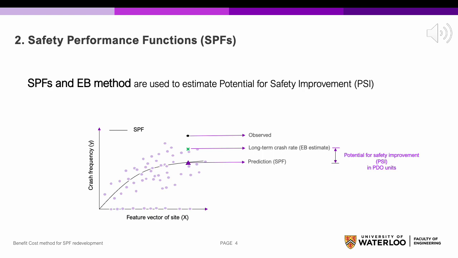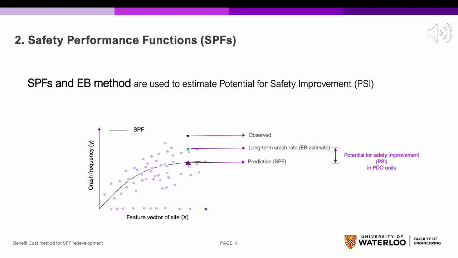The common method to estimate the long-term crash rate is called empirical base, or EB method. After applying EB method, we can estimate PSI, or potential for safety improvement, for each site, which is basically defined as a difference between long-term crash rate, comes from EB method, and predicted crash rate, which comes from SPF.